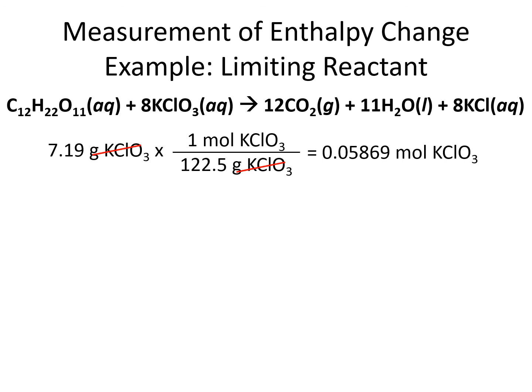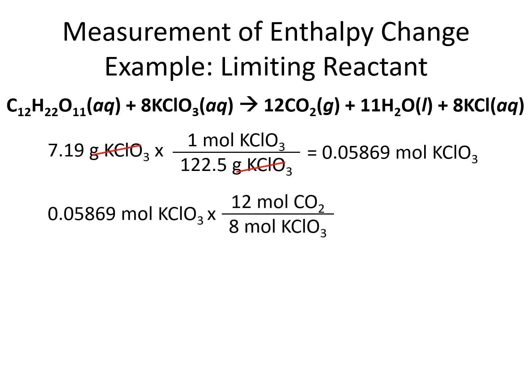Then we go from moles of potassium chlorate to moles of the same product as before, the CO2, using a stoichiometric factor. We have a 12 in our equation next to the CO2 and an 8 next to the potassium chlorate. Notice the moles of potassium chlorate are canceling out with each other, and we end up with 0.0880 moles of CO2.